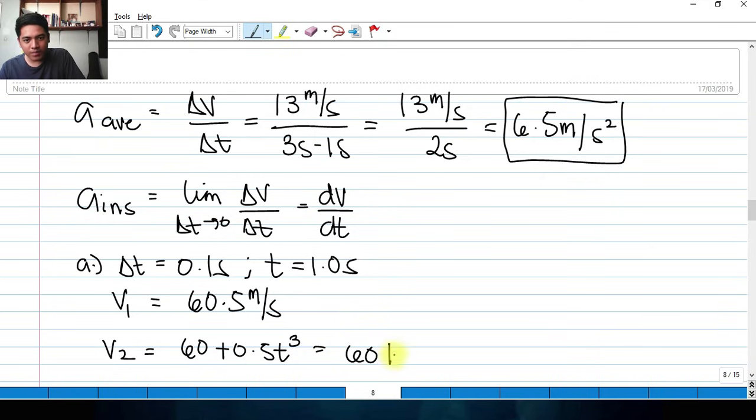Okay, 60 plus 0.5 times 1.1 cubed, that is the velocity of the car at 1.1 seconds. So that is 60.655 meters per second.